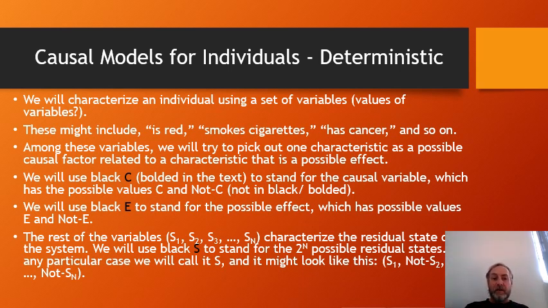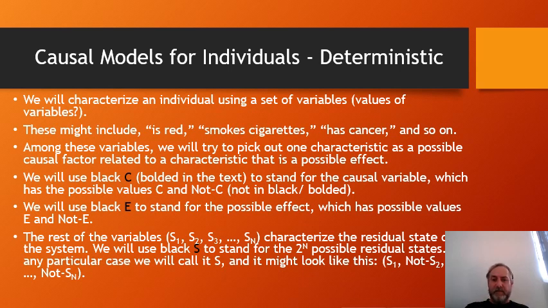We're going to characterize that individual using a set of variables, and values of those variables. I think I put the question mark here because I was wondering whether it was significant for them that they chose variables instead of the values. It won't matter for our purposes.